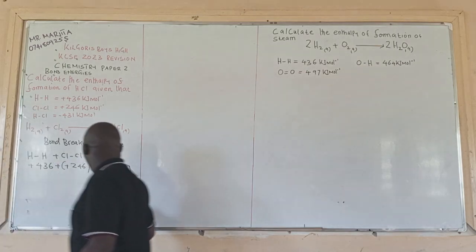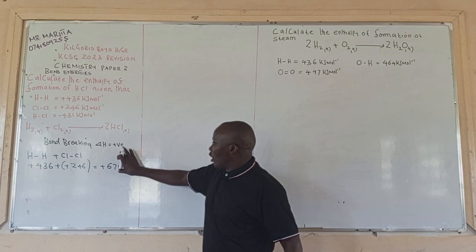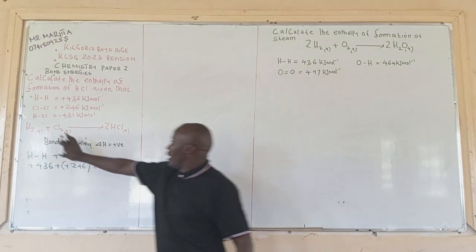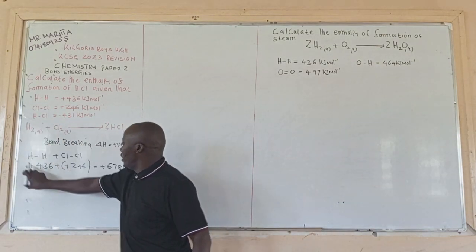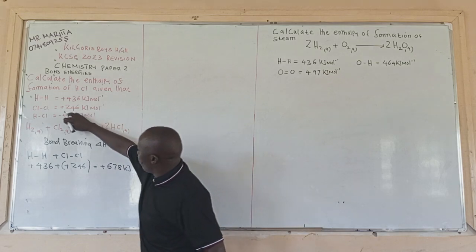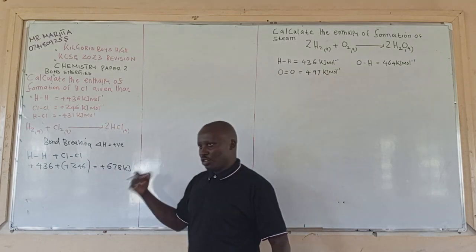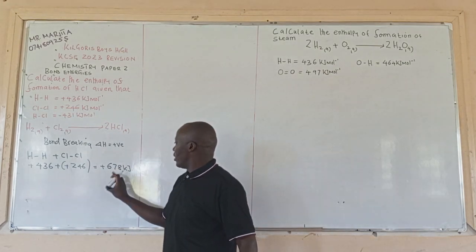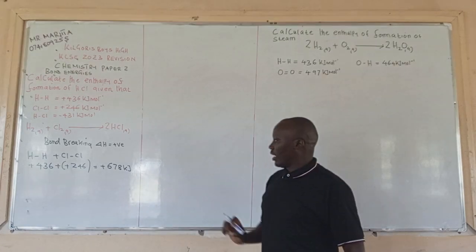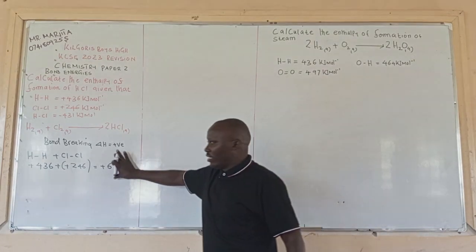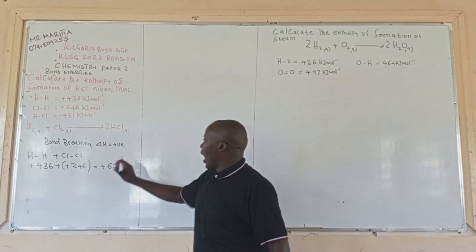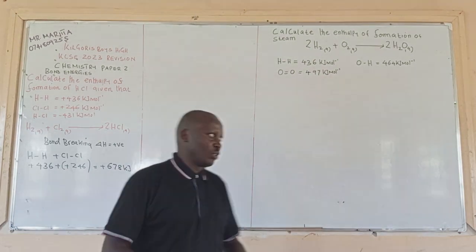This is the total energy needed for atomization: the atomization of hydrogen gas, then the atomization of chlorine gas. So the total energy needed here is positive 678, and this is the bond breaking, and it is always an endothermic reaction.